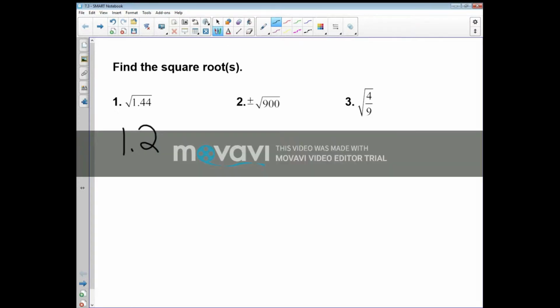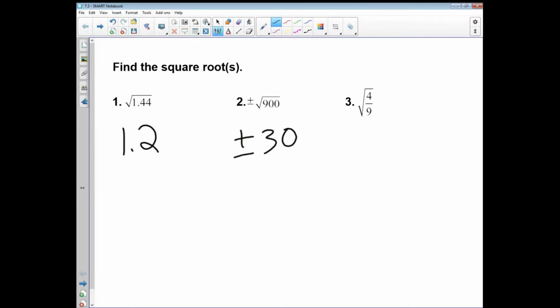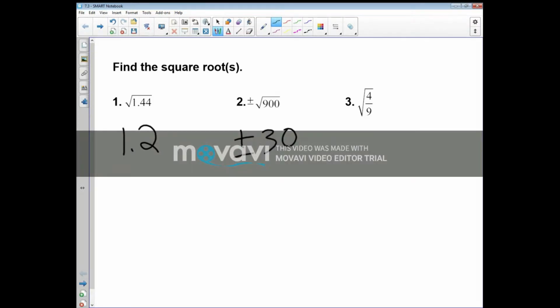And since the plus or minus sign's out front, we have to bring that down with us. So once we get here, then that is the plus or minus 30. And then the last one, you've got a fraction. So you can take the square root of the top and the square root of the bottom, since they're both perfect squares, to simplify this.